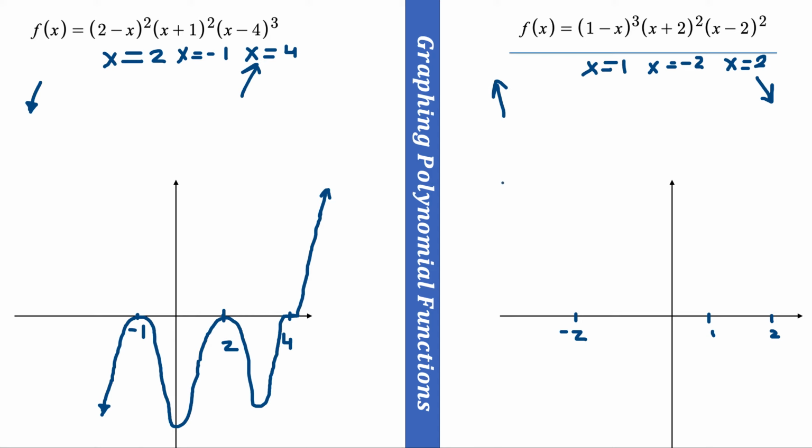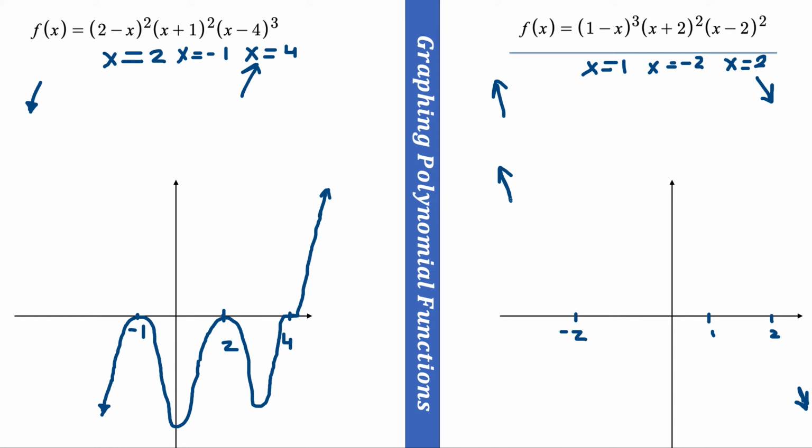And how is the end behavior going here? The end behavior we already see is in this way. And down here it's going to go down on the right side. And the function has to connect the endpoint, but again, at minus 2 it has an intercept. The multiplicity of minus 2 is even.